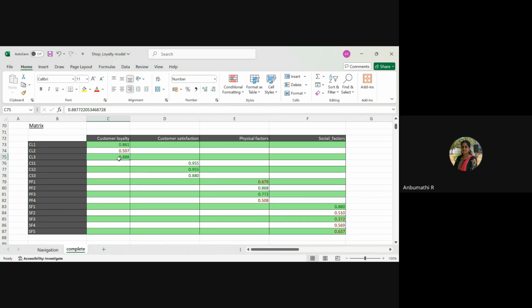So generally, I will not see the factor loading in this data sheet. Rather than that, I will go to the SmartPLS. You have a SmartPLS output here readily available.